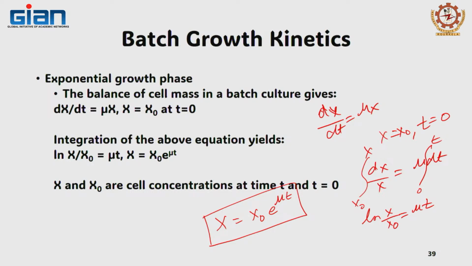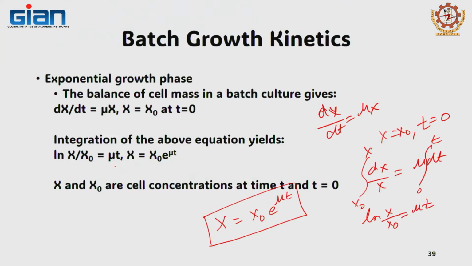If I provide you all of those parameters, you would be able to tell me what the cell mass concentration would be at the end of the time t with the given specific growth rate. You will see that we will be using this equation to solve a few questions later on. Okay? So, this particular equation is an important equation in terms of your batch growth kinetics and batch operations.